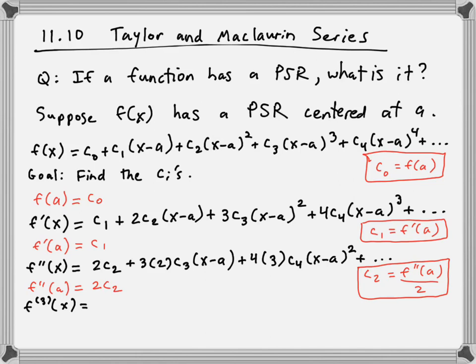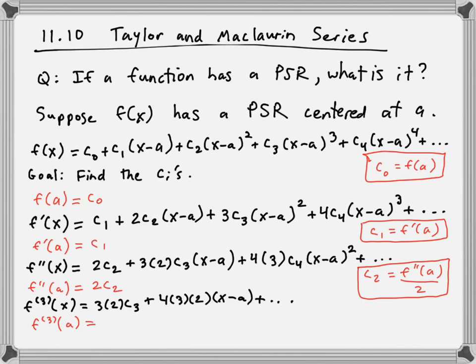If we take the derivative, we're going to end up with 3 times 2 times C3 plus, here we get 4 times 3 times 2 times x minus a plus, and then we got more stuff, right? So what would the third derivative at a equal?